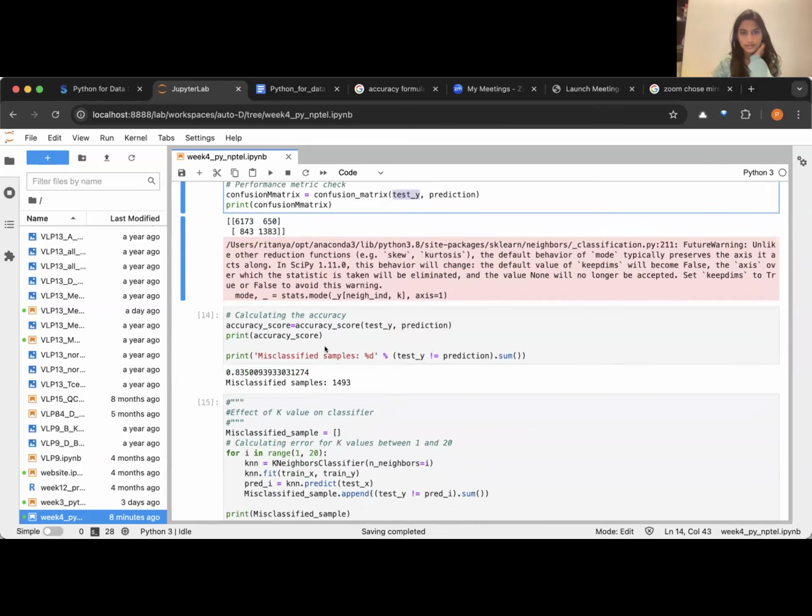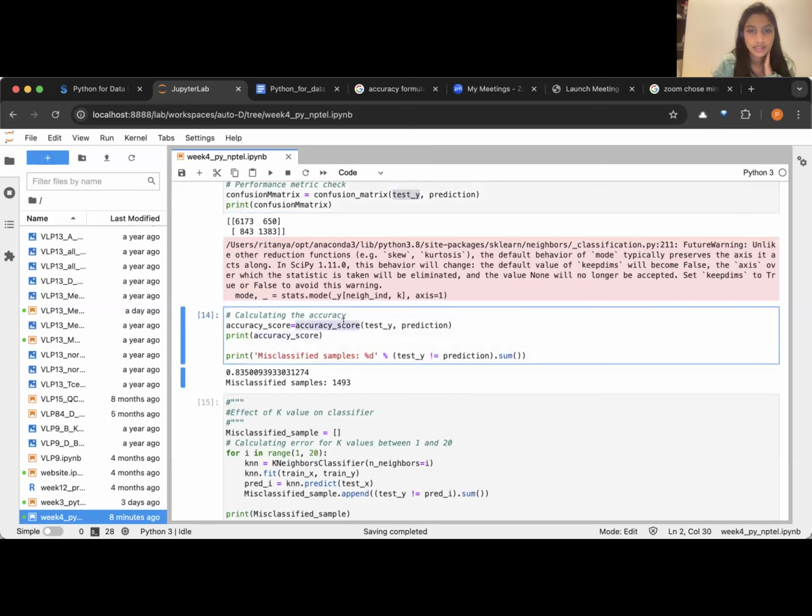So we calculate the accuracy score. Accuracy of what? Accuracy of your predicted Y values with respect to your actual Y values. This tells you that 83.5% of the time your model has correctly predicted your Y value.